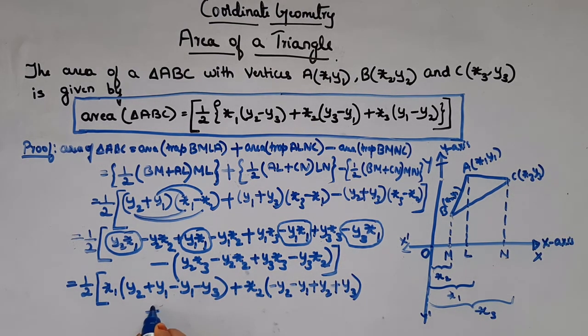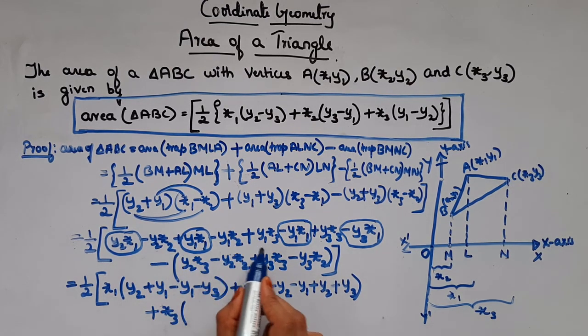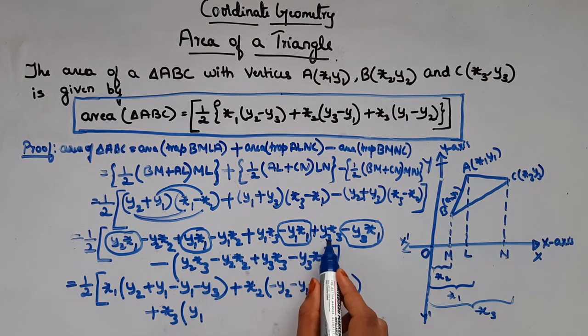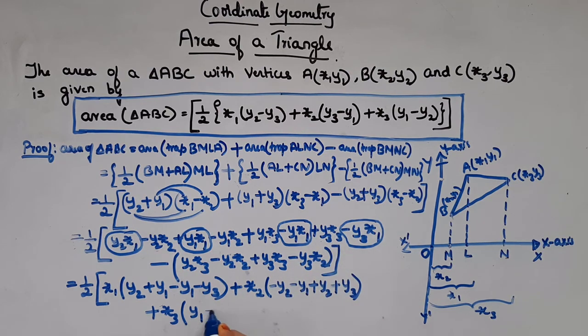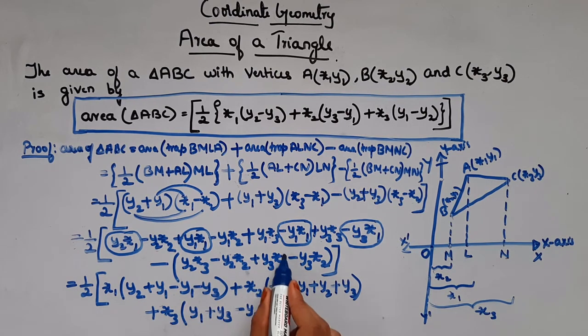Now let's group X3 terms. So X3 is outside. Here we have Y1 into X3, so X3 is outside. So again plus Y3 into X3 is outside. So now minus into plus is minus Y2 into X3 is outside. So one more term is here.